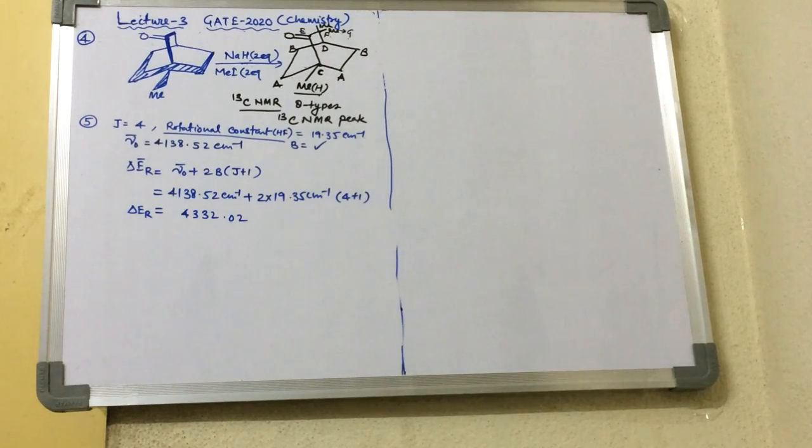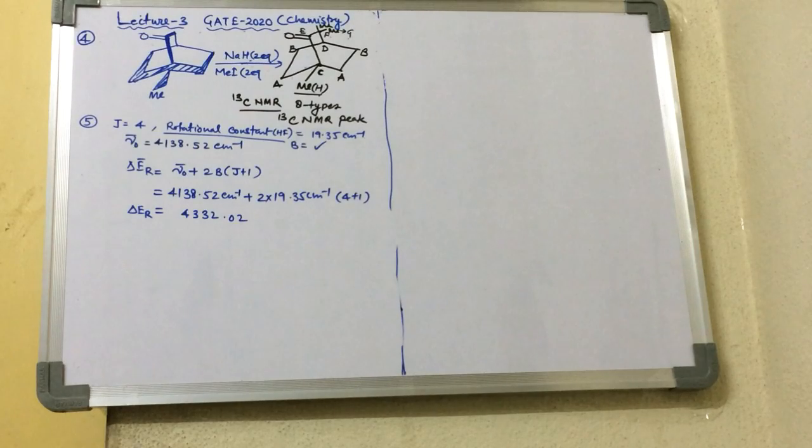So here is R branch line originating in this spectrum, and so this is the answer for this question. Okay, once I check what is the answer.